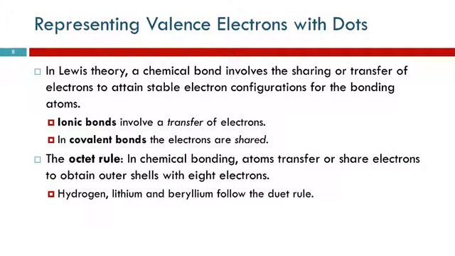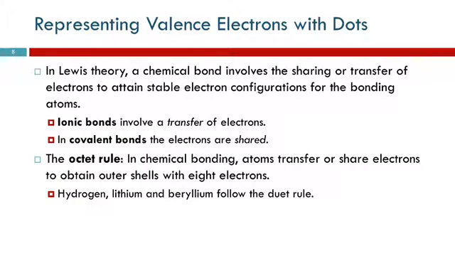So in Lewis theory, a chemical bond involves either the sharing of electrons or the transfer of electrons to obtain a stable electron configuration. So they're either going to share electrons with each other or transfer, one will give and one will take electrons, so that the atoms involved are going to have an octet. Except for the little guys, they're just going for a duet.